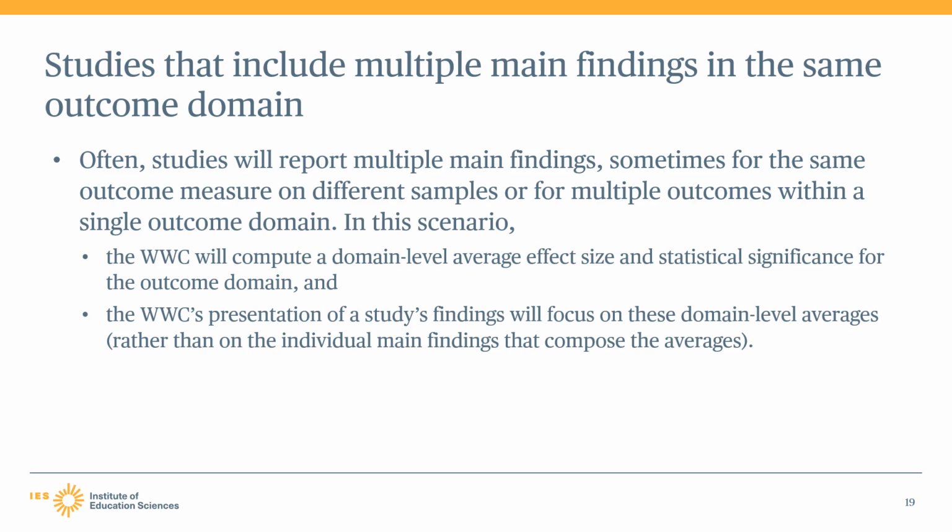To do this, the WWC uses a fixed effects meta-analysis approach to synthesize those findings into a domain-level average, and the WWC's presentation of the study results will focus on that domain-level average. The domain-level average receives the highest research rating that any individual finding received.